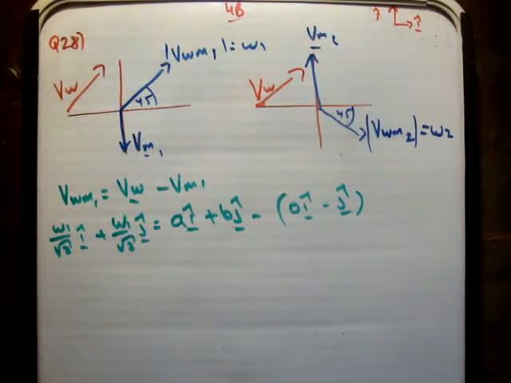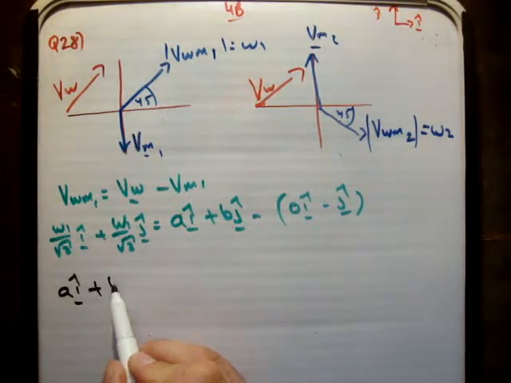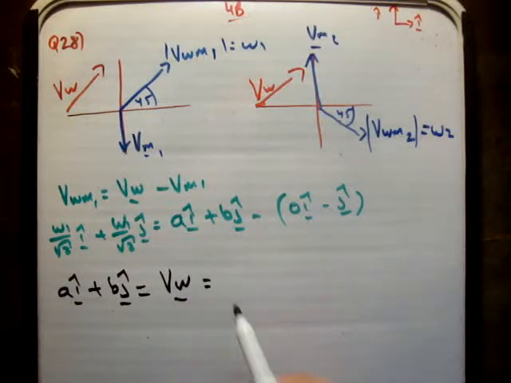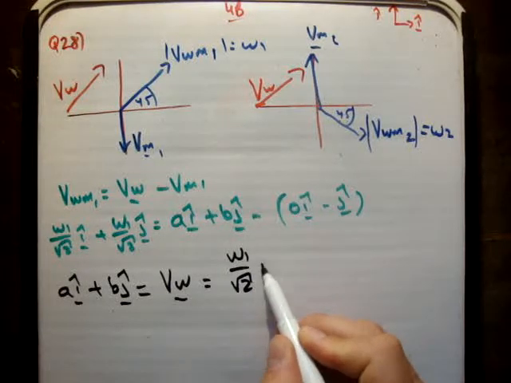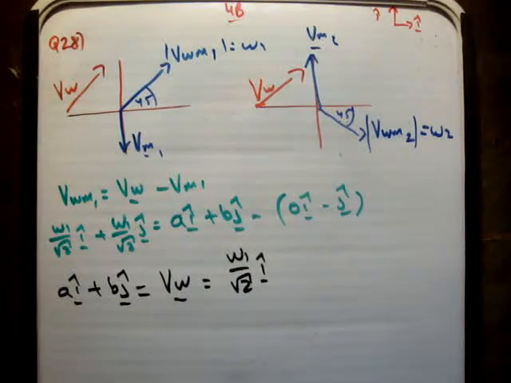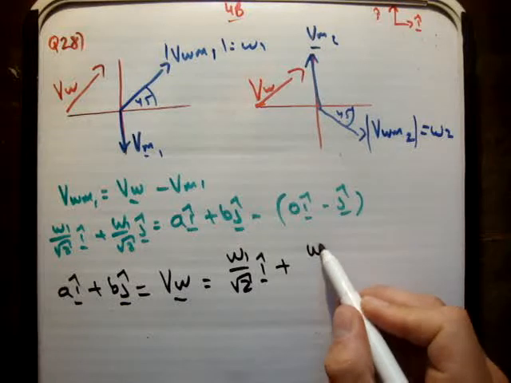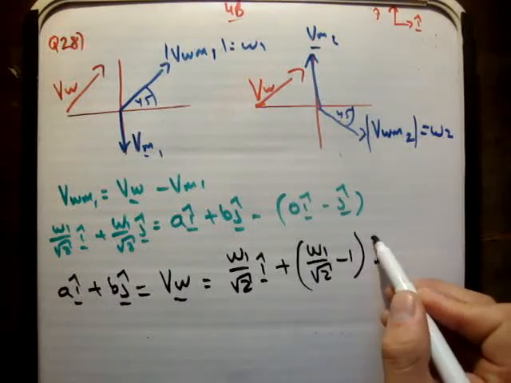And what we get as a result of that is that a i hat plus b j hat, that's the velocity of the wind, is equal to W1 over root 2 in the i hat direction, of course, and there's a negative here, that's positive, so it's going to be plus W1 over root 2 minus 1 j.